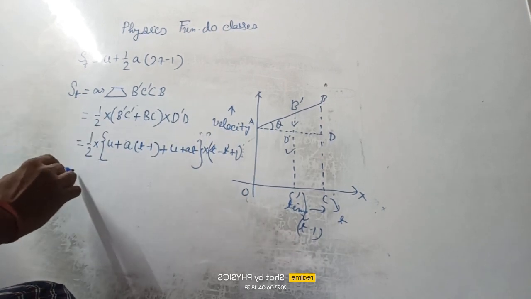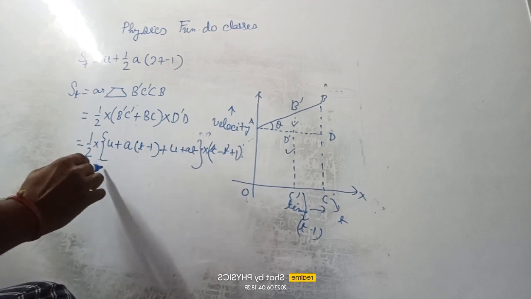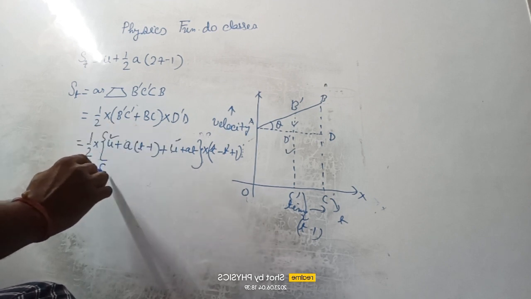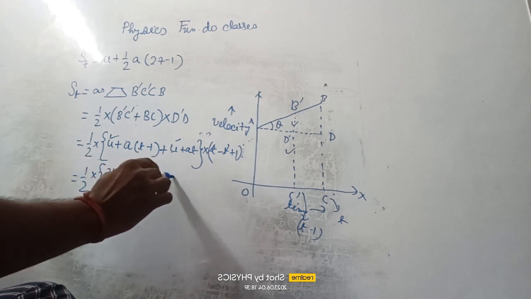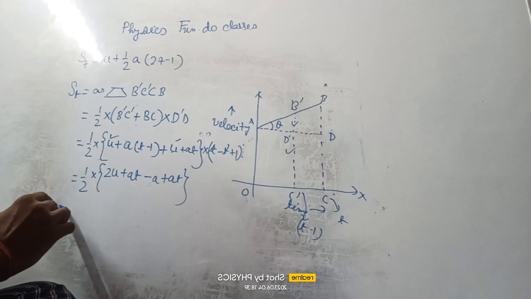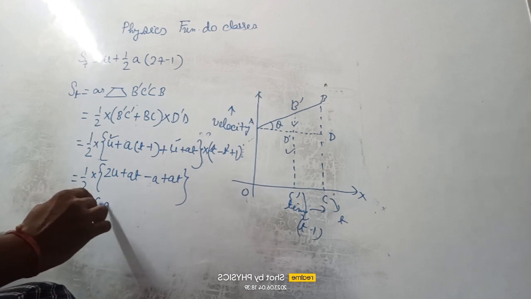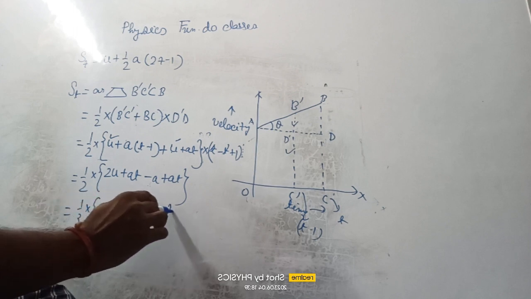Now half into u plus u, that is 2u, plus at minus a plus at, that is half into 2u plus 2at minus a.